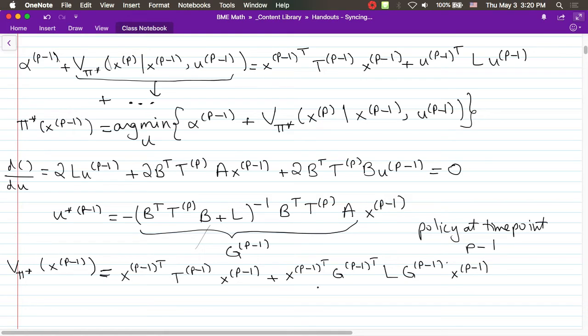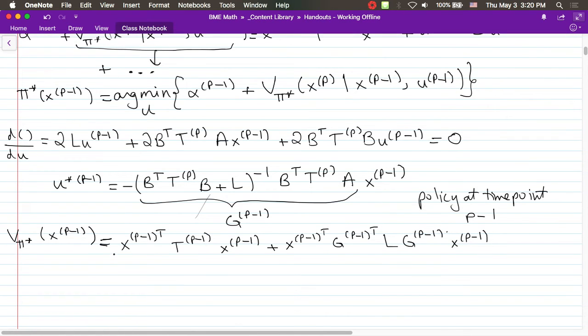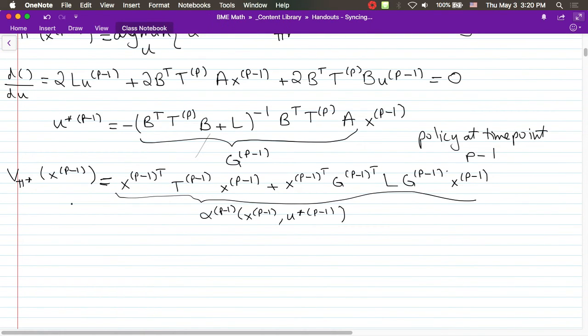So this is U transpose L times U. The minus goes away because you got two minuses there. So this plus this is alpha at P minus 1, given that you're at X P minus 1 and you did the optimum command at P minus 1. Okay, so that's the first part of our value function.